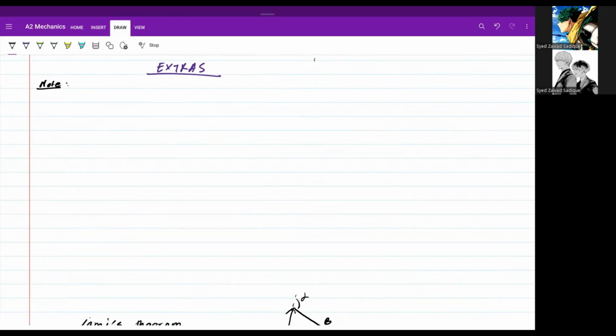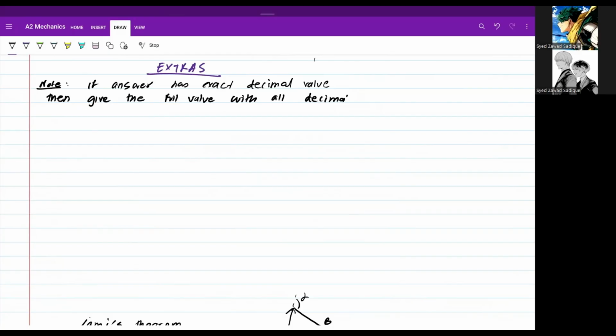It says if the answer has an exact decimal value, then give the full value with all decimals.